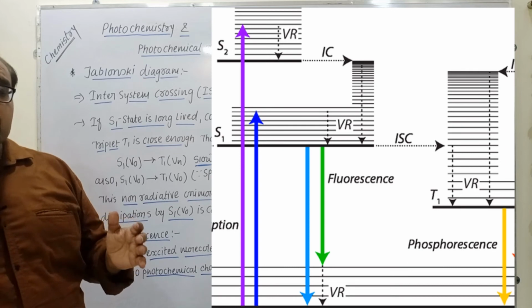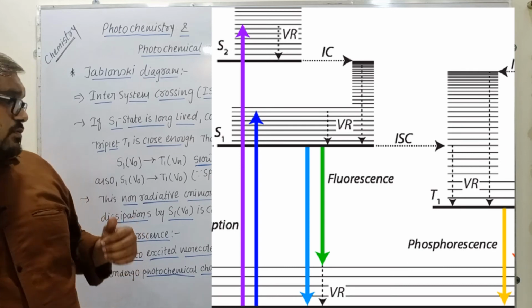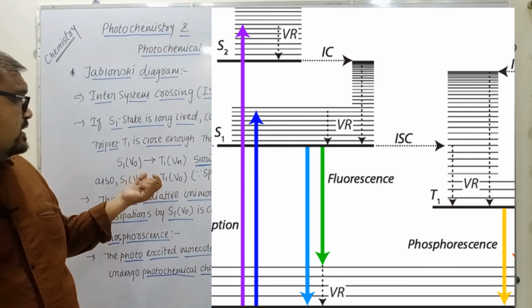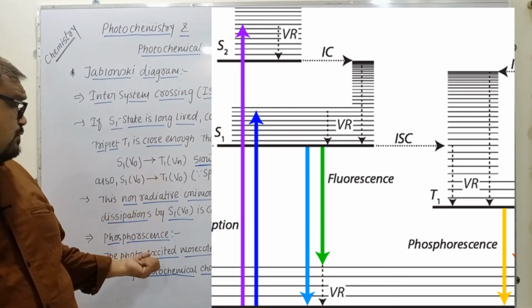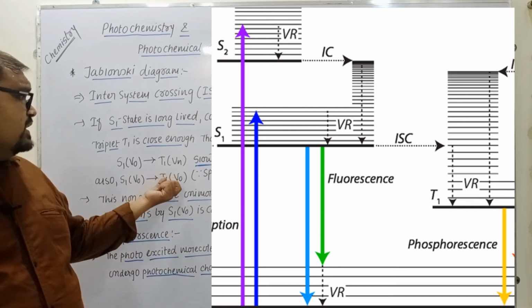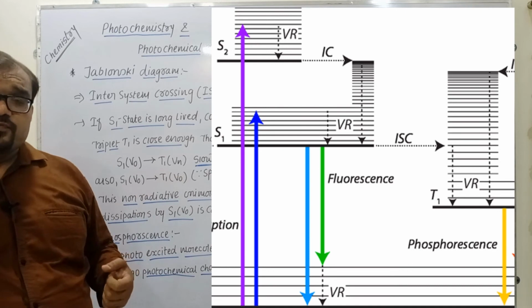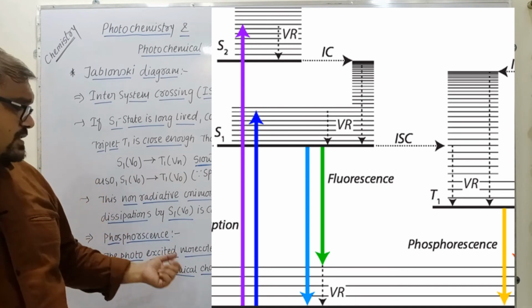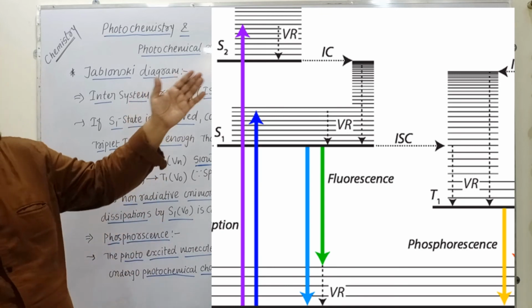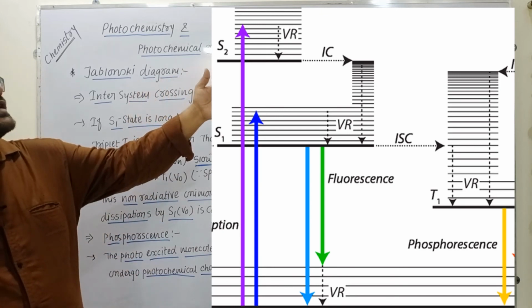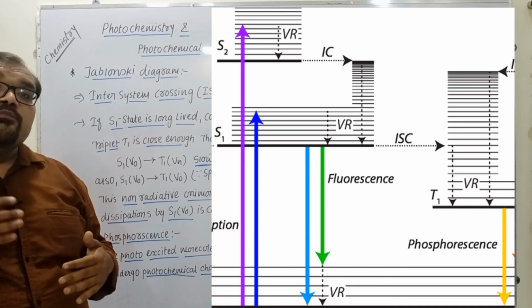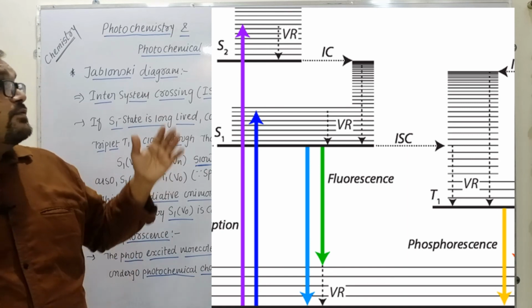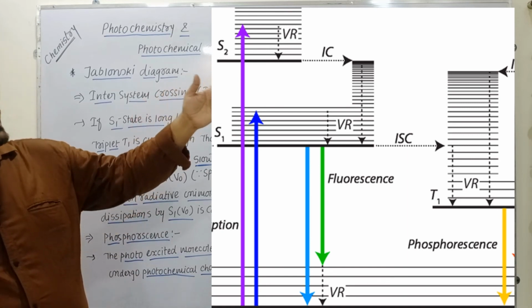When we discuss phosphorescence, as we know, the photoexcited molecule in the T1V0 state will lose its excess of energy through a unimolecular radiative pathway from T1V0 to S0.